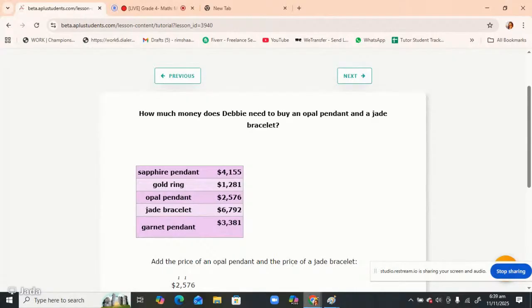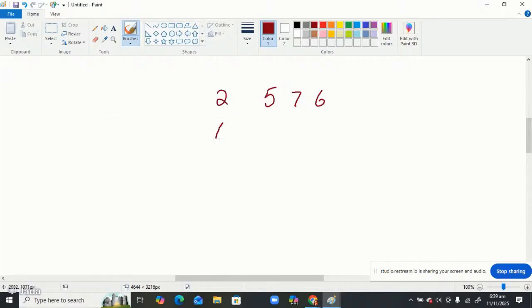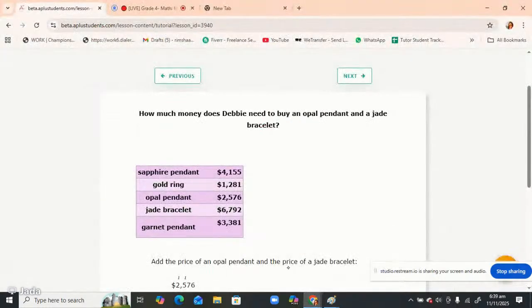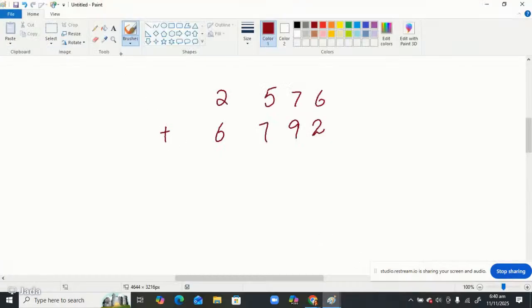That is 6,792. So they are saying in the question, how much money does Debbie need to buy both of these? So you just count it, add up all, and then let's see how much money she needs to buy both of these. Okay.